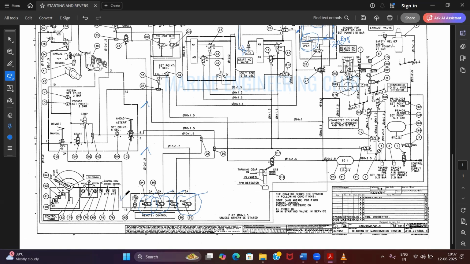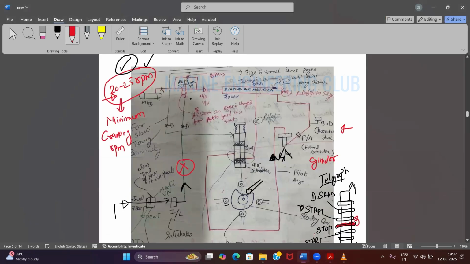And all of these are controlled by your control air and safety air. These signals going are air signals only. Everyone knows about these solenoid valves, no? What are these? Actually these are not called solenoid valves, these are called directional control valves. 2x2, 2x3, you call them.